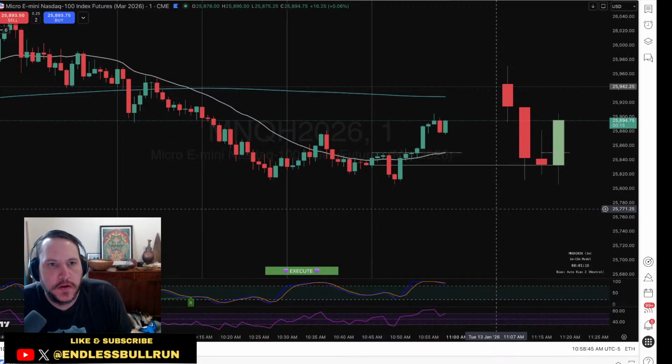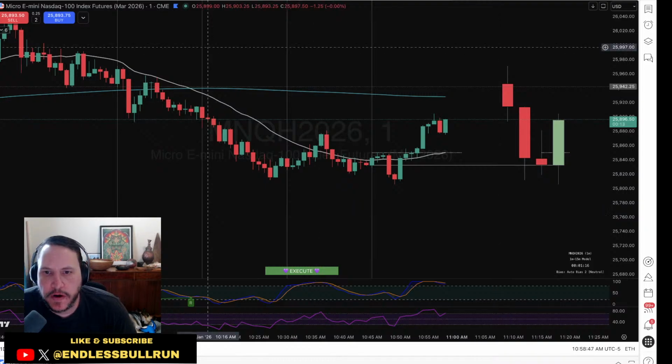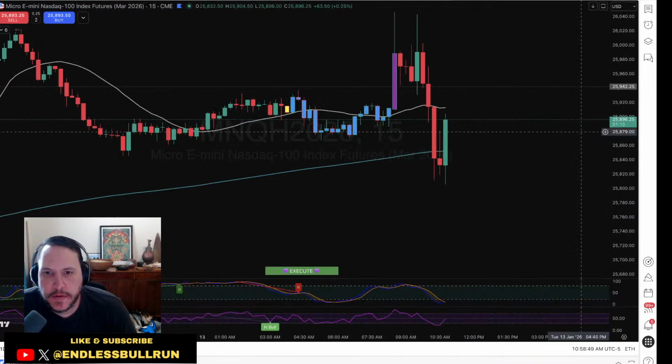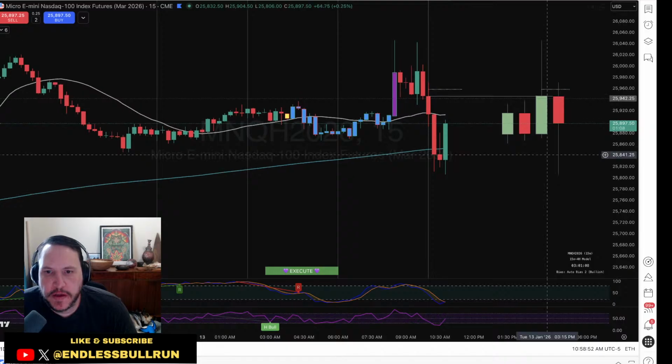See if we can get in on a candle 3 ride up. Maybe the bottom of this fair value gap or in here.